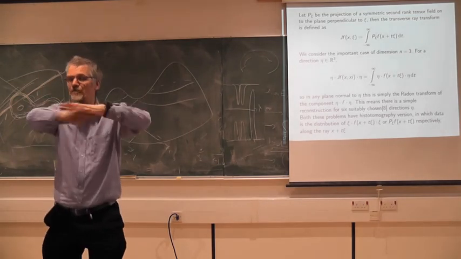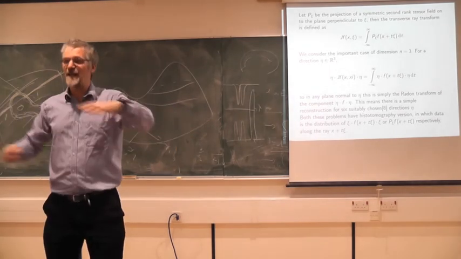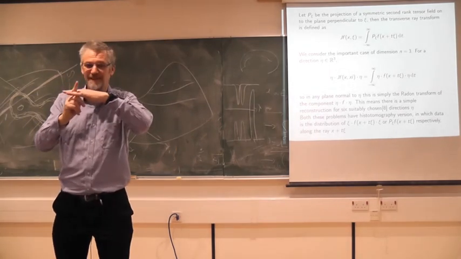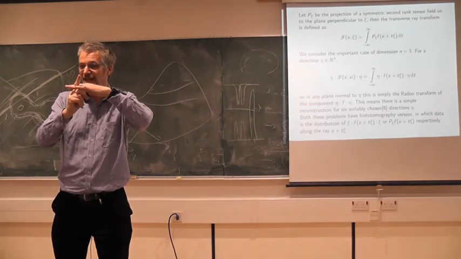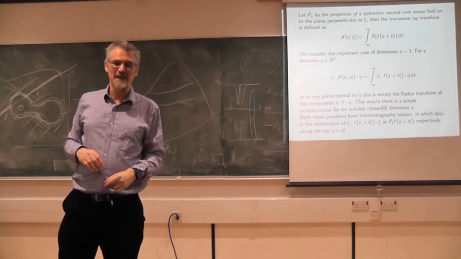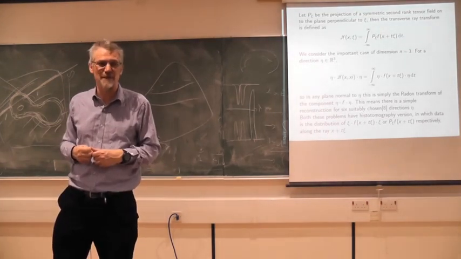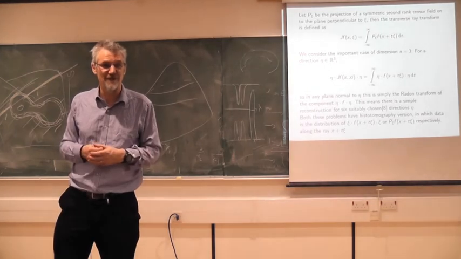So for the data measured in one plane, you can just do the scalar inverse Radon transform, and you only get one component of your tensor in the normal direction. But you can do it for 6 different planes, normal to 6 different directions, right? And you've got 6 components of a symmetric matrix, and you're done.